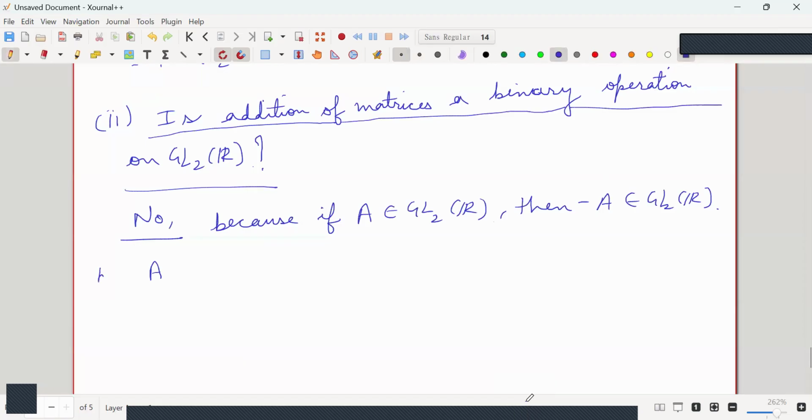But A plus this minus of A is A minus A, which is 0, the 0 matrix, which is not inside GL2R that we have already seen, right? So this is not even a binary operation. Okay.